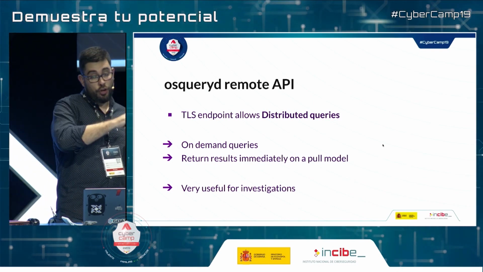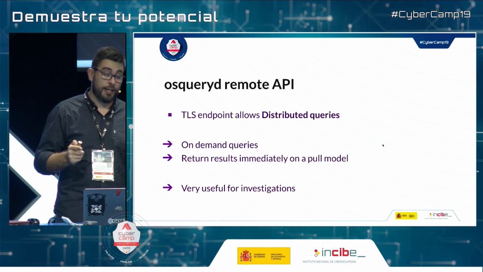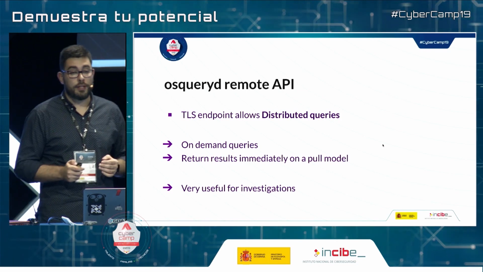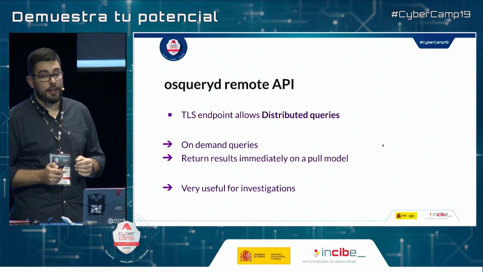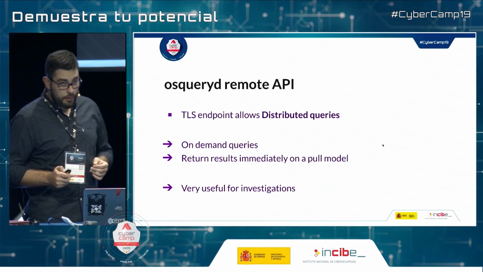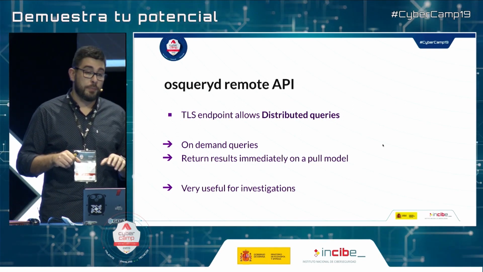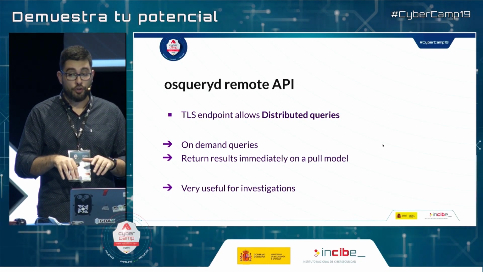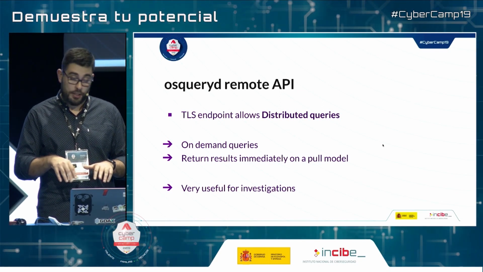Each time osquery talks to the server and the logs are automatically sent, coming from the machine and stored, then you can use a concept called distributed queries. In this case, it's on-demand queries, the same ones that are executed from the machine itself, from the console.